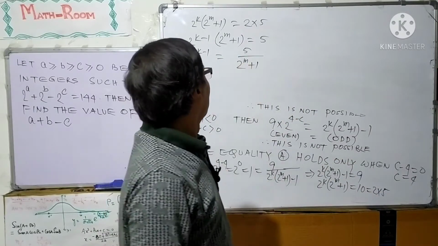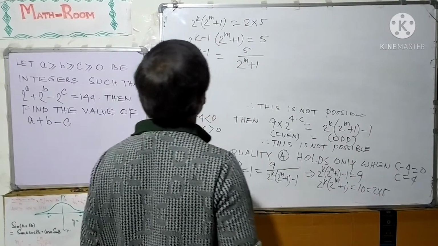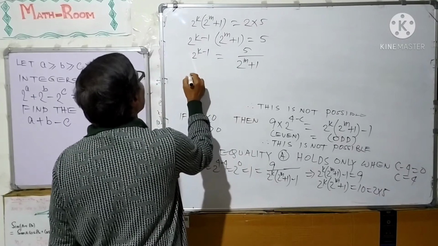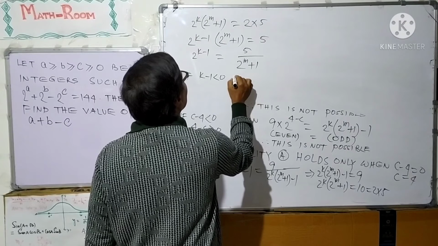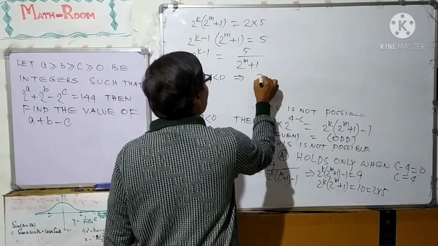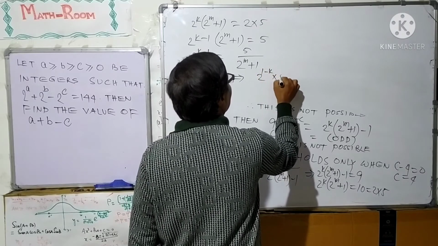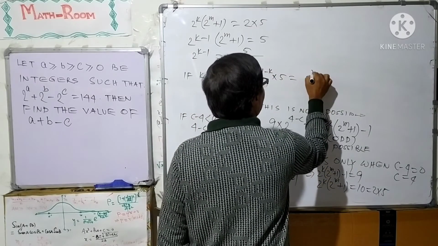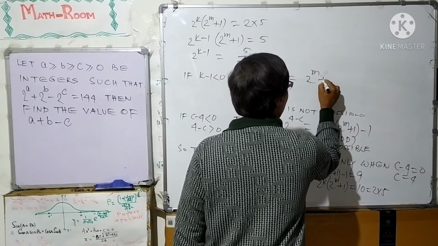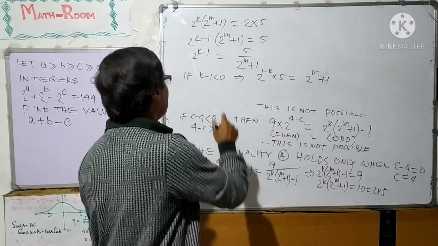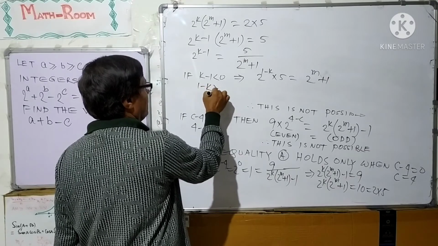But if k minus 1 is less than 0, then 2 to the power 1 minus k into 5 equal to 2 to the power m plus 1, because k minus 1 less than 0 means 1 minus k greater than 0.